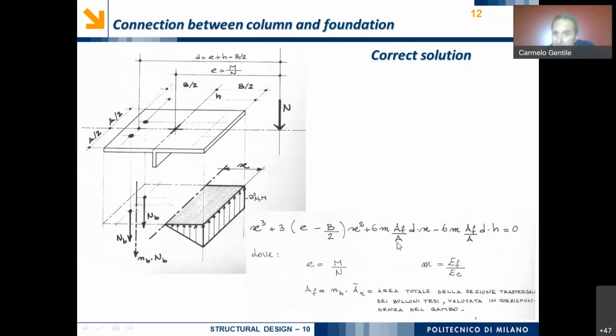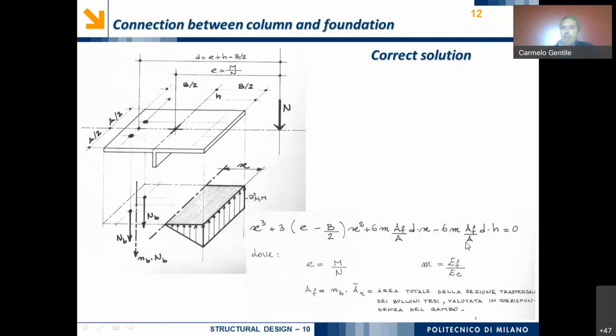In addition, A is the dimension of the contact plate. So we have the width of the plate in this direction that is denoted, as you can see from the drawing, as capital B. The dimension of the plate in this direction is capital A.